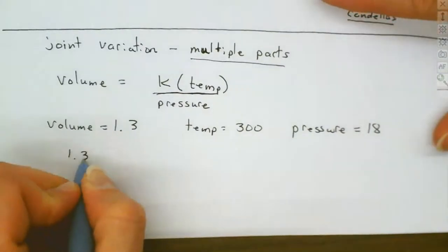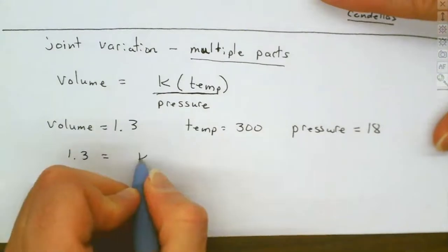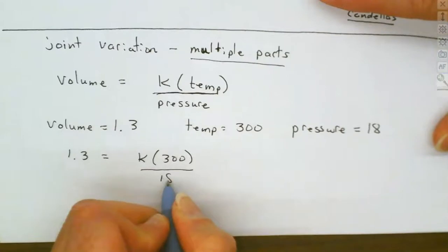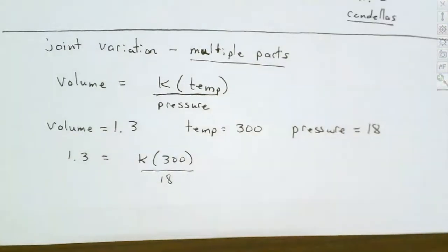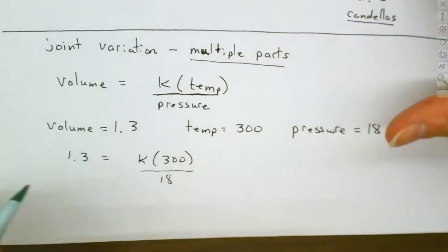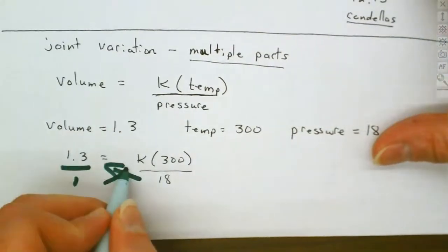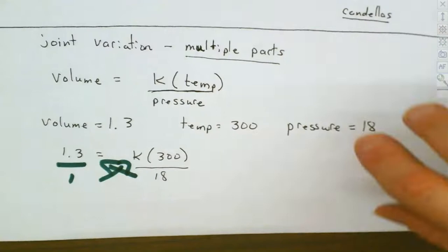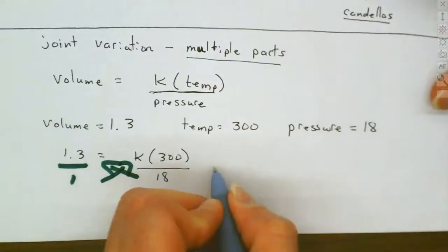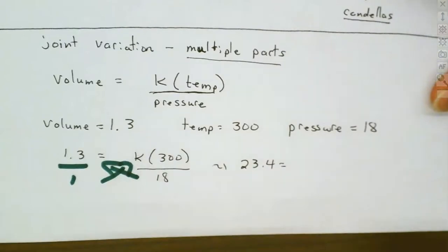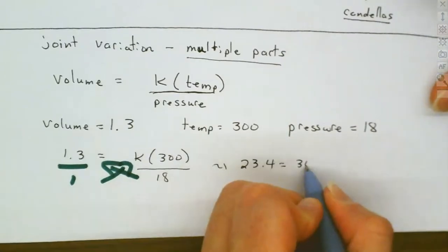So we have 1.3 equals K times the 300 over the 18. And we can work this out, cross multiply, and find our value of K. So 1.3 times the 18, that's 23.4, equals 300K.